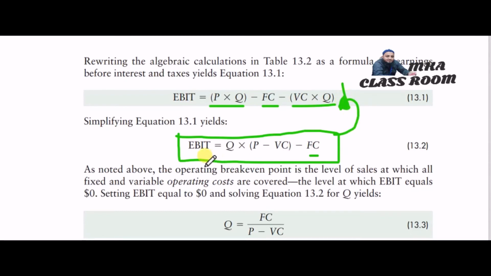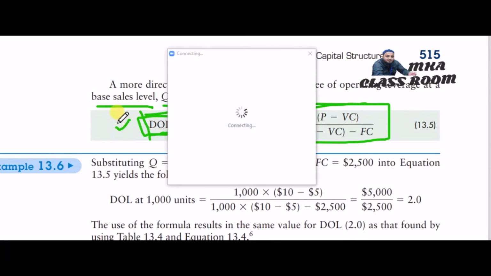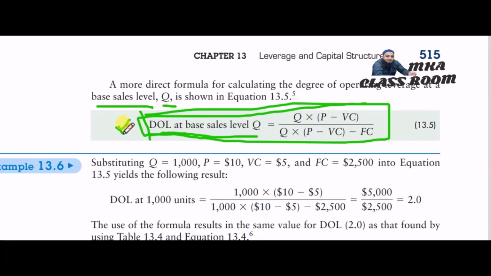So this is the formula for our EBIT. Thus here we will see DOL at base level sales Q equals Q into P minus VC, that means sales price per unit minus VC into quantity, over EBIT.